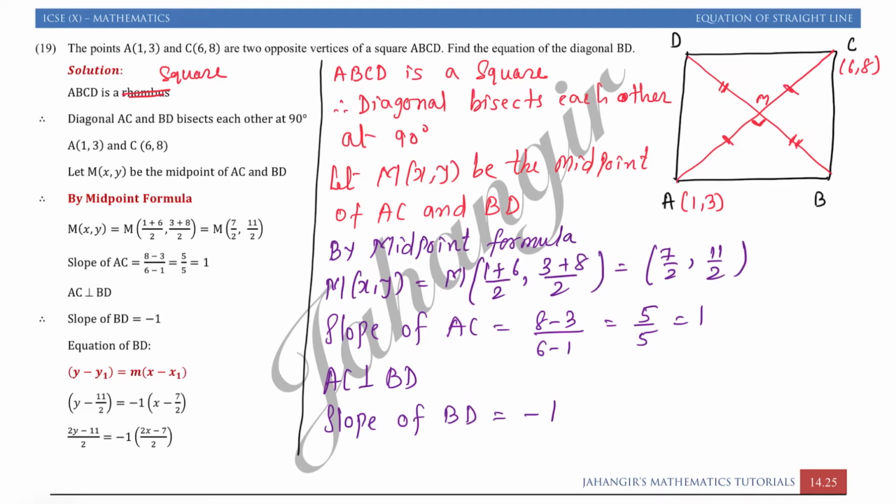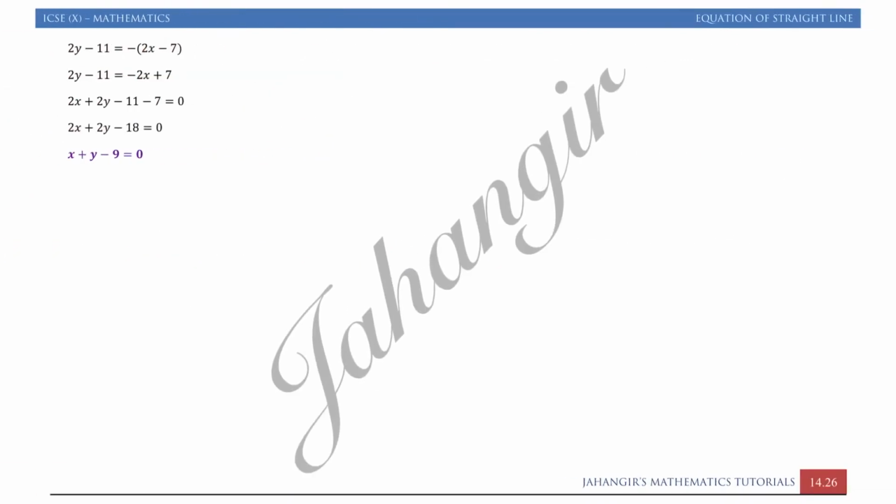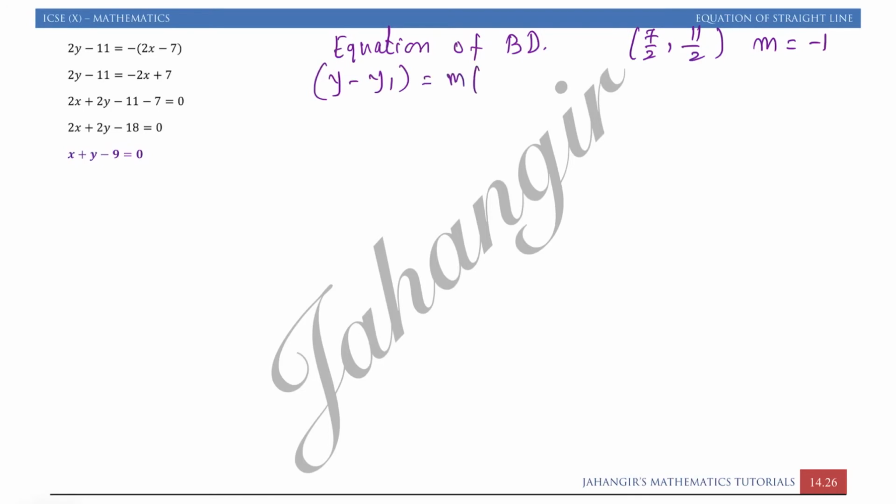Once you get the slope and a point, we can easily find the equation of BD. We can write the equation of BD: BD passes through (7 by 2, 11 by 2) and its slope is minus 1. We can say y minus y1 is equal to m into x minus x1.